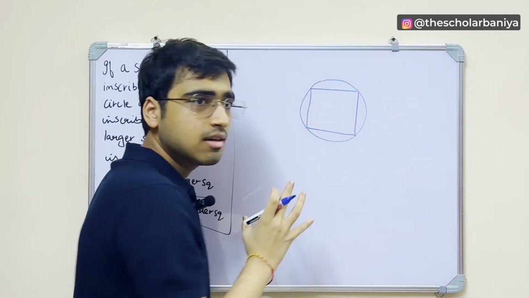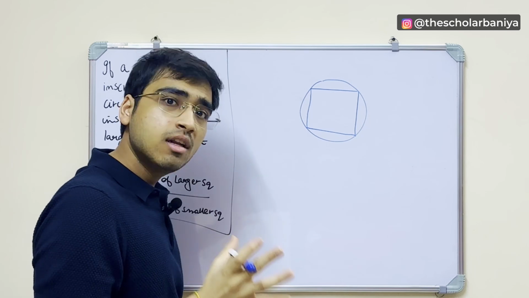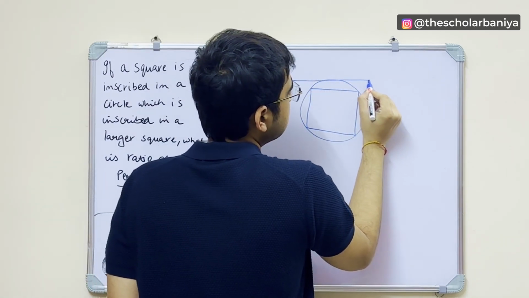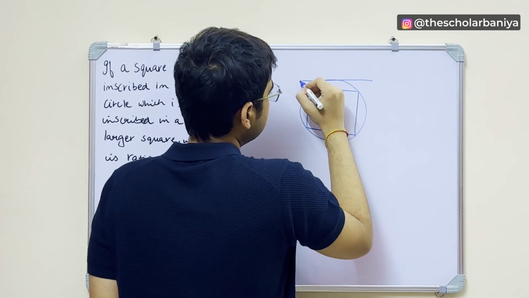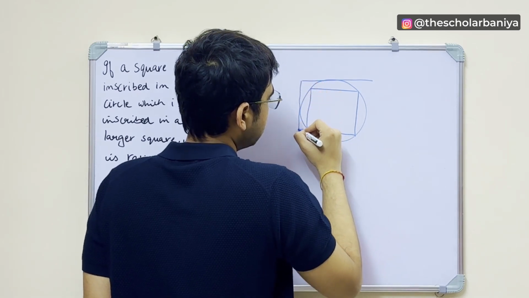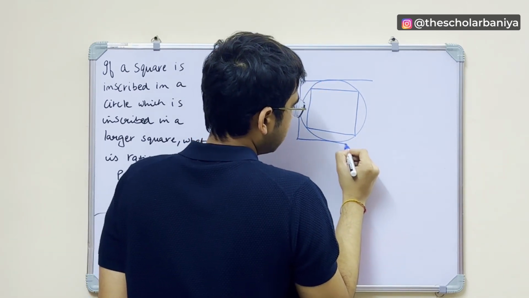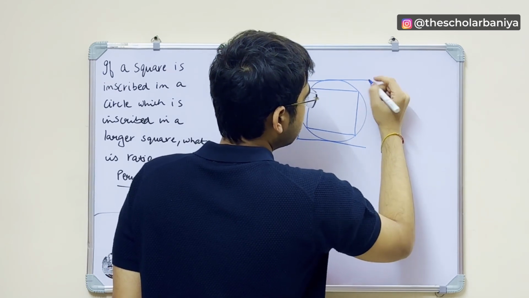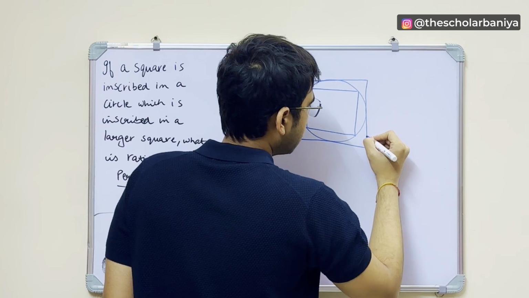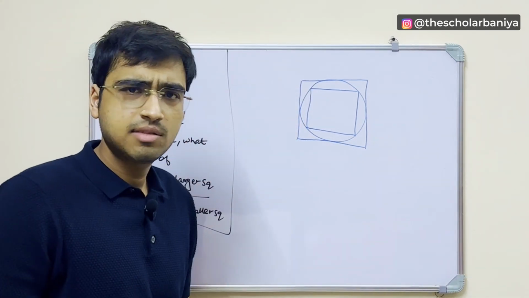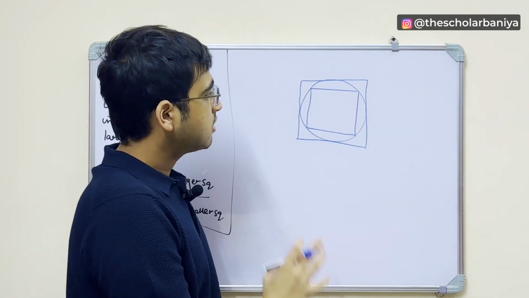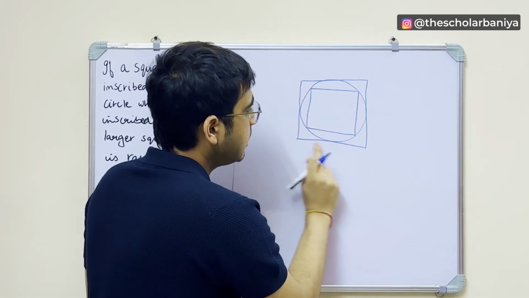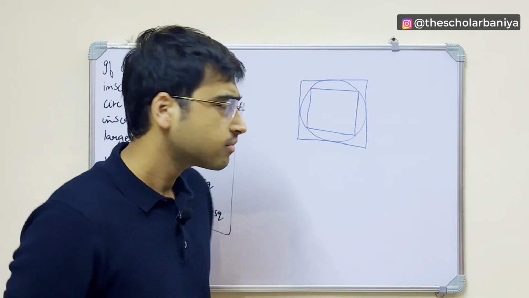That means this circle is inscribed in a larger square. That means what is the figure? The figure becomes this. I hope this makes sense. So there is a square which is inscribed in a circle, which is inscribed in a larger square.